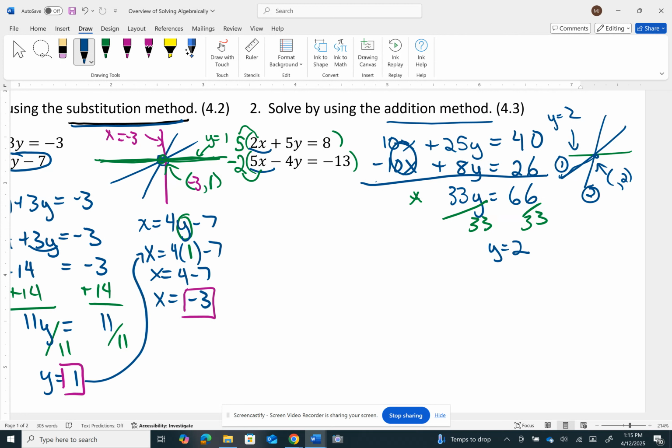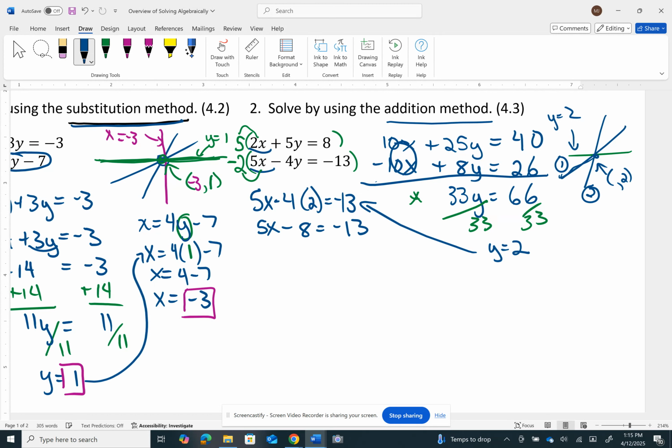Now I need to find my x. So I'm just going to go to one of the equations. A lot of times I'll go to the one on the bottom. I'll go over here, and just where the y is, I'll put in a 2. But you might have picked the top one since it didn't have any negatives. But it really doesn't matter that much.